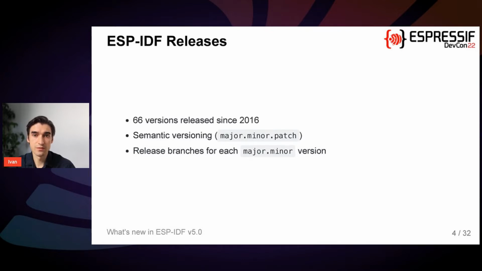Now, semantic versioning describes how to interpret the release numbers, but it doesn't define which release numbers the project will actually use. To meet the needs of our users, IDF maintains a release branch for every minor version, and I will explain what that means in a moment.